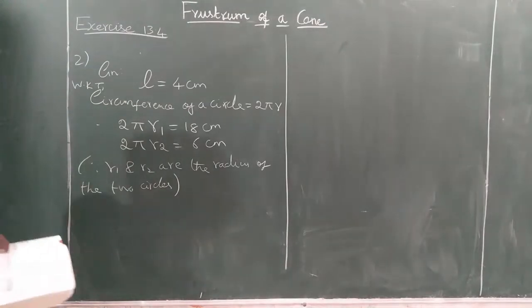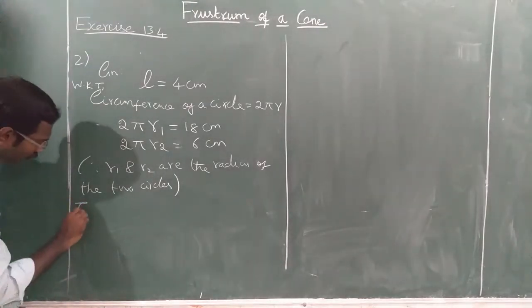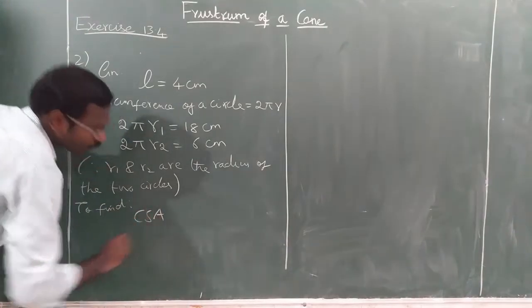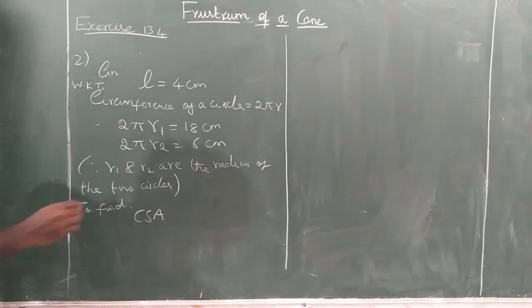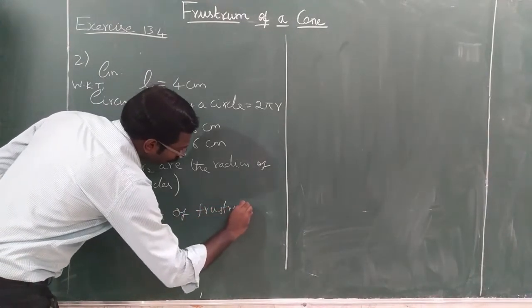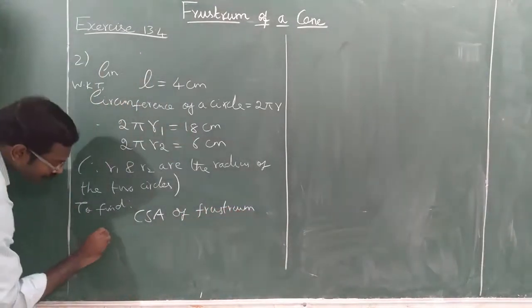Understood? So what do you have to find? We have to find the curved surface area, CSA, of the frustum. Do you remember the formula?